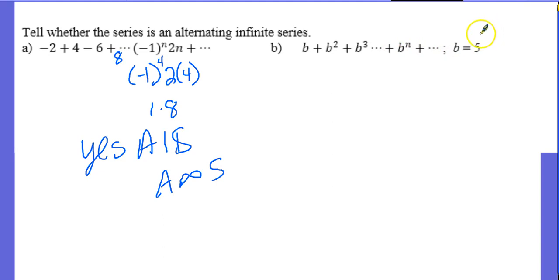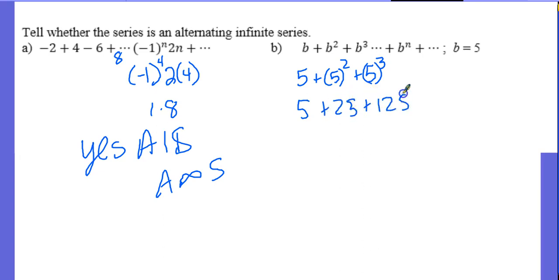So how are we going to know if this is an alternating infinite series or just a regular infinite series? We plug it in. 5 plus 5 squared plus 5 cubed. I think that's 5 plus 25 plus 125, and I don't see alternating signs. Do you? So the answer to this is no.